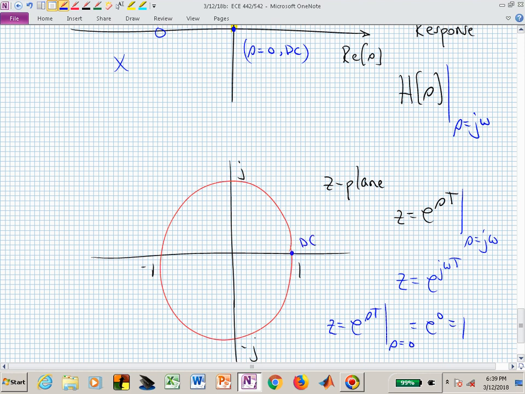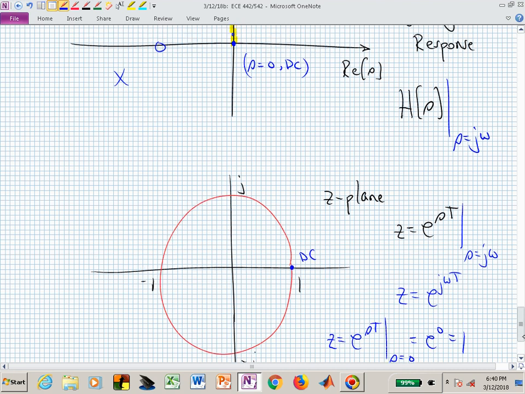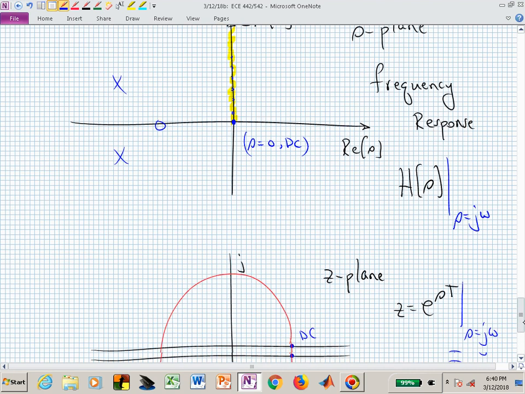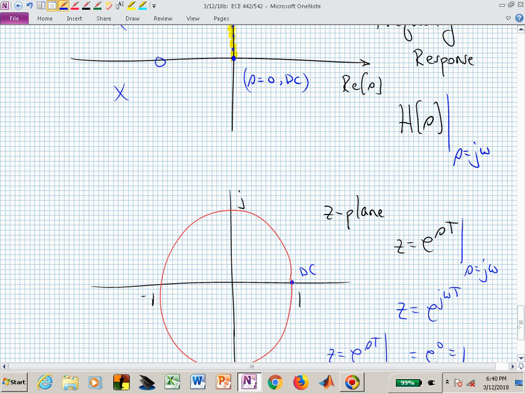There's DC. Now as we walk up the imaginary axis, do you see that this angle just starts growing from 0? If I'm measuring my angle from the origin, and I'm looking straight out into the positive real line in the z-plane, now I just start looking over, as that omega t increases.